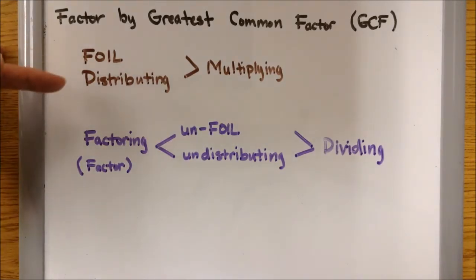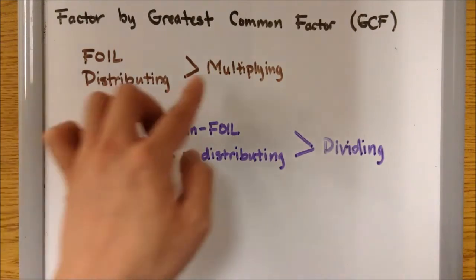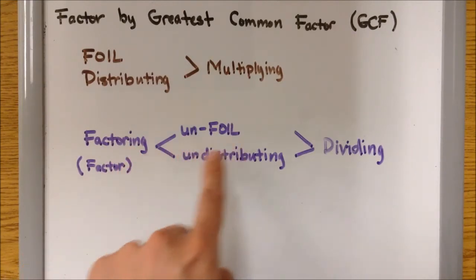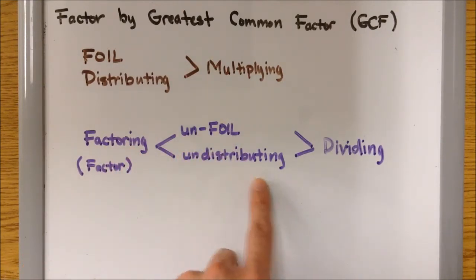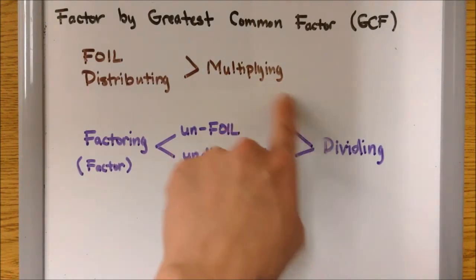Distributing and factoring are opposite ends of each other. FOILing and distributing is multiplying, but factoring, which means unFOIL, undistributing, means dividing. Multiplying and dividing are opposites of each other.